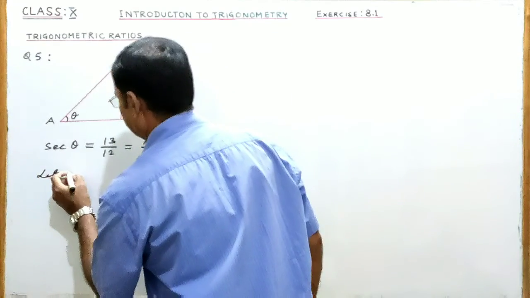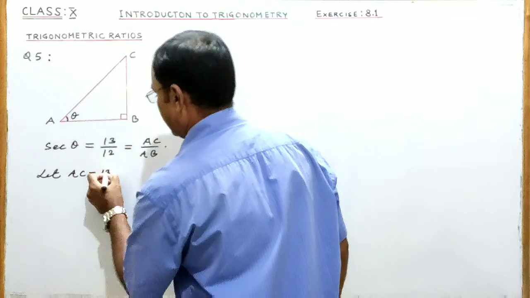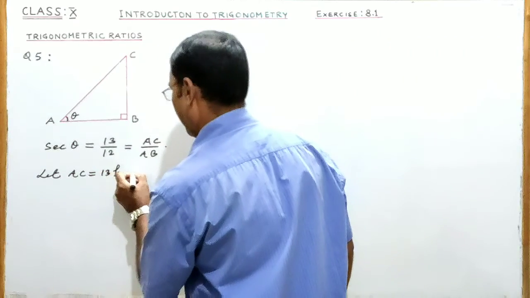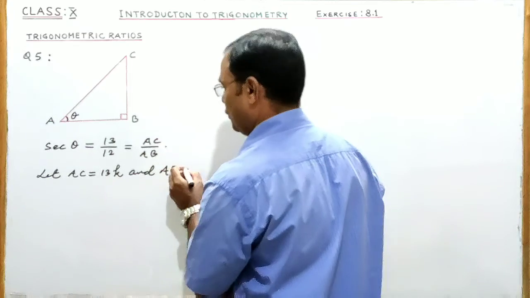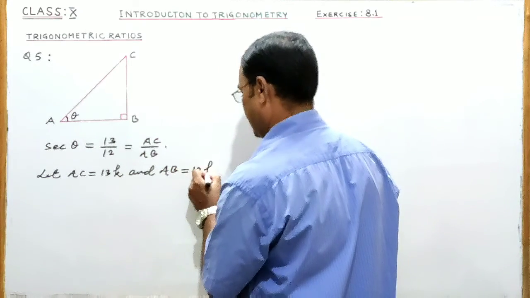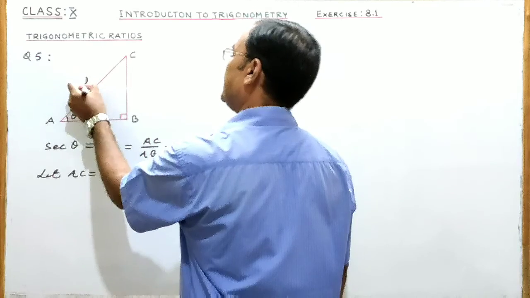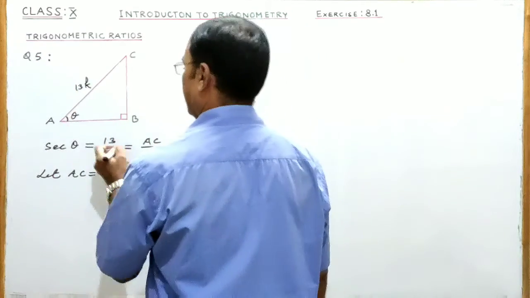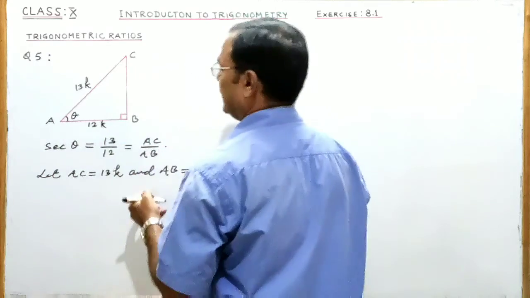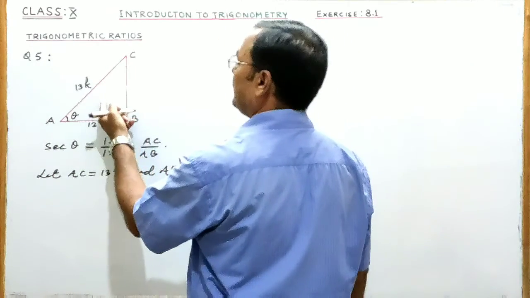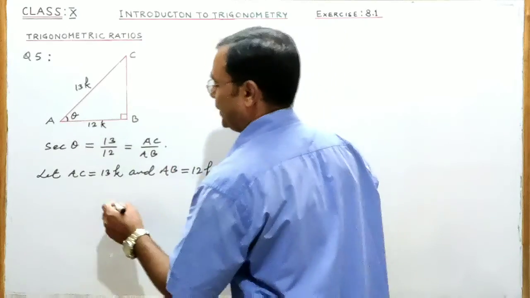Let AC be equal to 13K and AB be equal to 12K. Using Pythagoras theorem in this right angle triangle ABC, let us find length of BC.